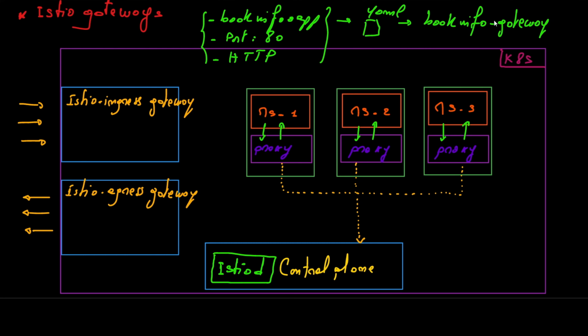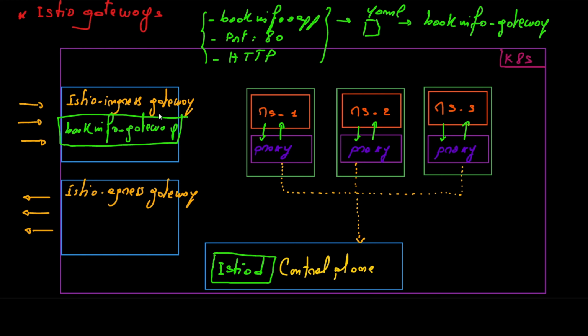So this bookinfo gateway object will configure the Istio Ingress Gateway to accept all the traffic matching the configuration that we specify in the YAML file. So a gateway is an Istio object that we create in Kubernetes when working with the Istio Service Mesh to configure the Istio Ingress Gateway.